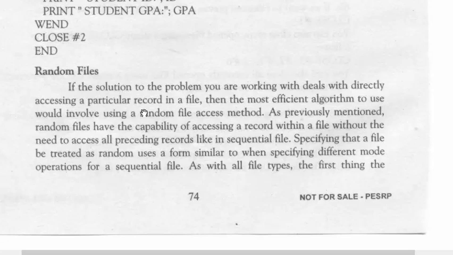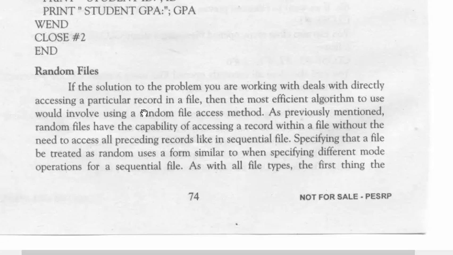As previously mentioned, random files have the capability of accessing a record within a file without the need to access all preceding records like in sequential files. Specifying that a file be treated as random uses a form similar to specifying different operating modes for a sequential file.